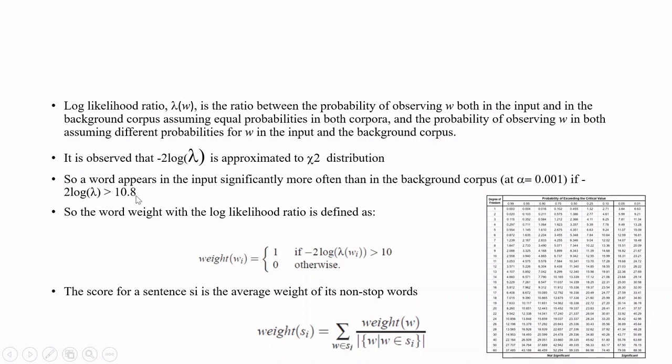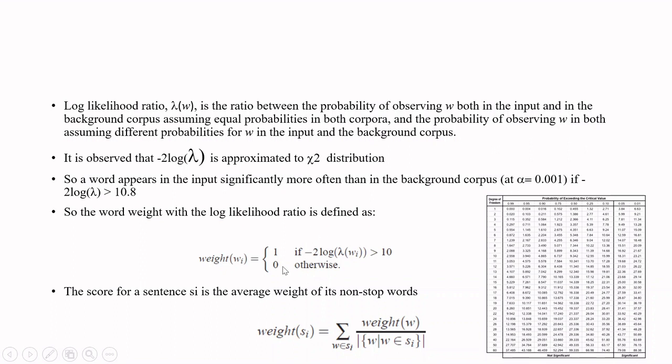So it is based on this value that we find the saliency of the word. The word weight is calculated like this: it is 1, or considered a salient word, if -2 log lambda of W is greater than 10. Otherwise, it is considered 0. So a word is considered salient if this condition is satisfied.